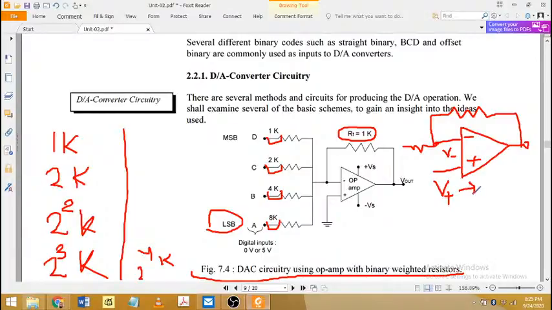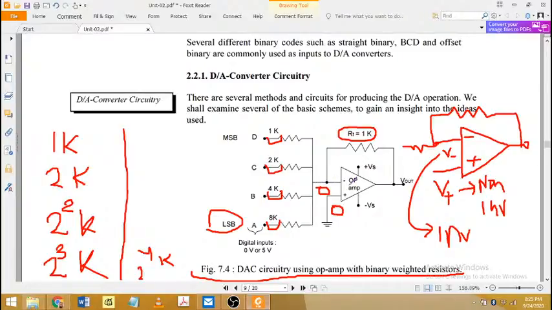This is a very important thing; always remember it for an op amp. Normally we consider that the voltage of V plus is the same as V minus. So here in this circuit V plus is connected to ground, meaning 0, so this voltage will also be 0.